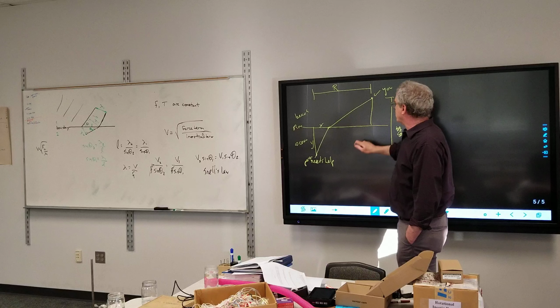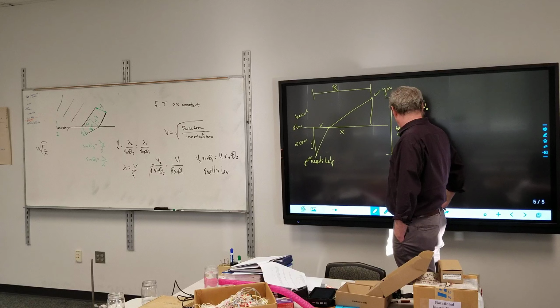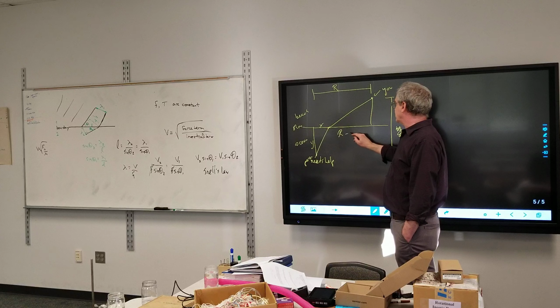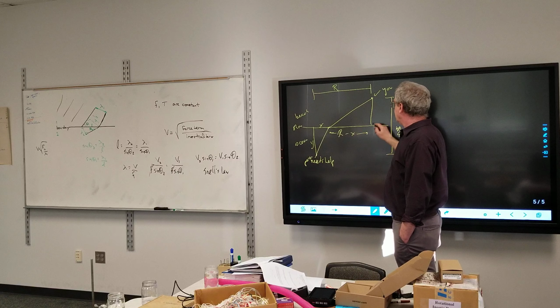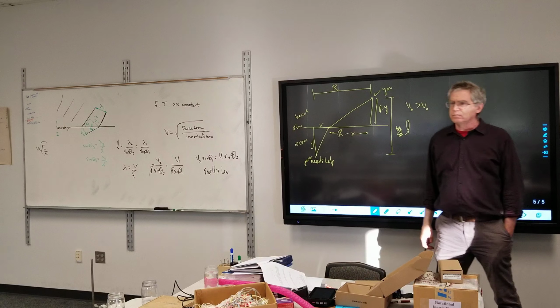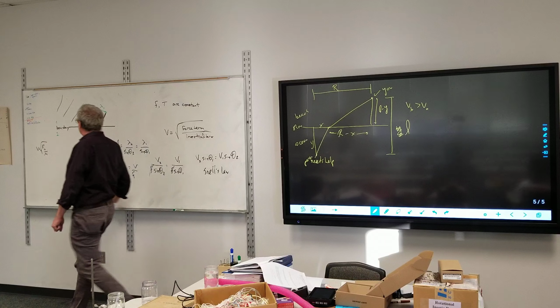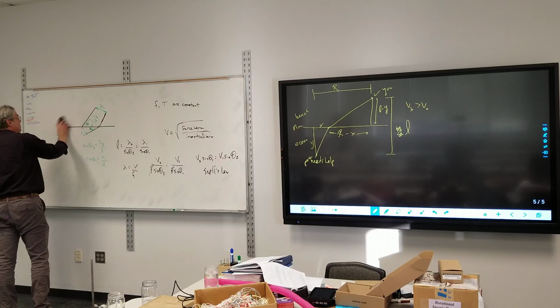So therefore, in this triangle right here, this distance is r minus x from here to here, and this distance here would be L minus y. So we're going to come up with an equation for the time it would take, and then we're going to optimize it.